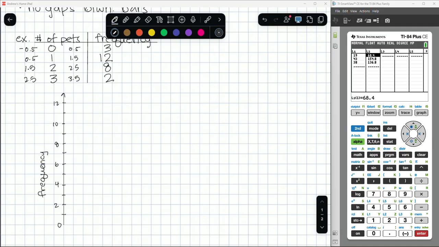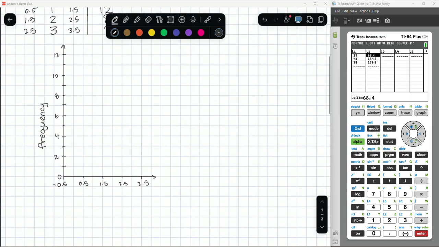On the other side, I'm going to start at negative 0.5, and then I'm going to label every other, so 0.5, 1.5, 2.5, 3.5. And then this represents number of pets.